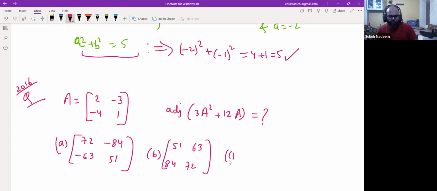C, 51, 84, 63, 72. And D option is none.